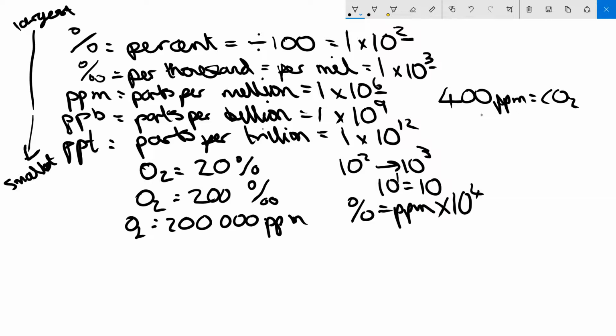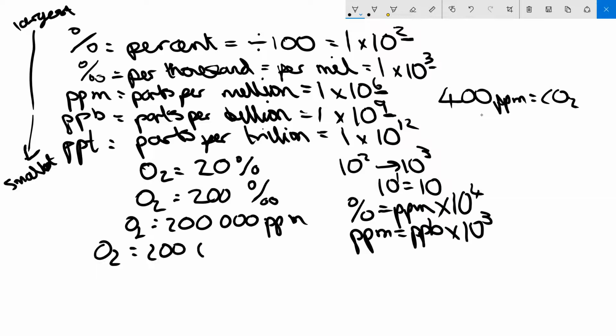Then if I want to convert from parts per million to parts per billion, that is going from 10 to the power of 6 to 10 to the power of 9, which is a difference of 10 to the power of 3. So I am adding 3 zeros to this number. And that gives me parts per billion.